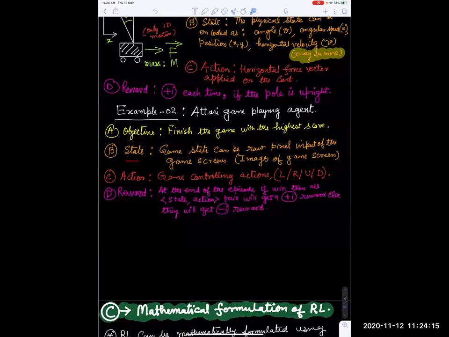The good thing is that here they started to use convolutional neural networks, and the state is going to be the raw pixel input of the game screens. So you keep on playing, and you keep on saving those screens, and use those raw image pixels to train your network, so nothing else.